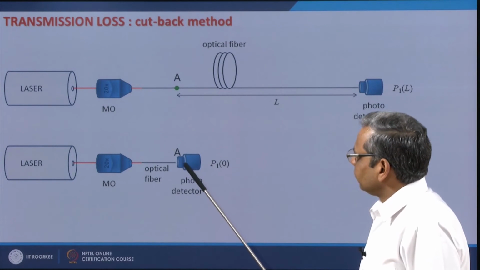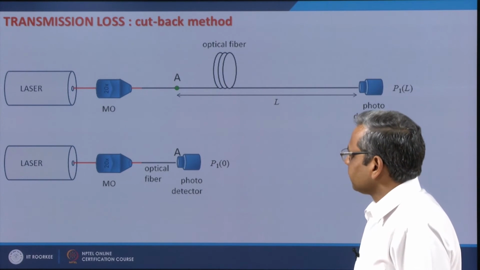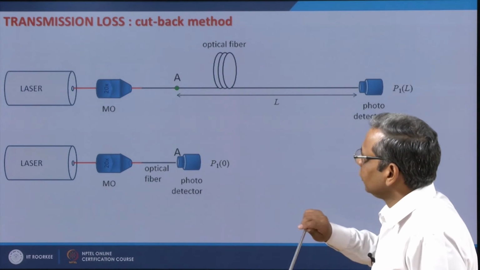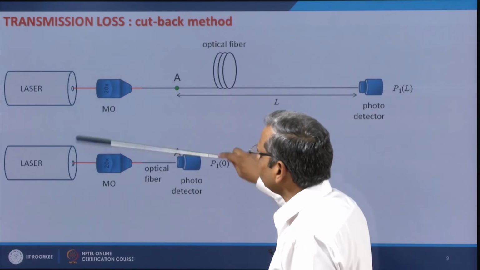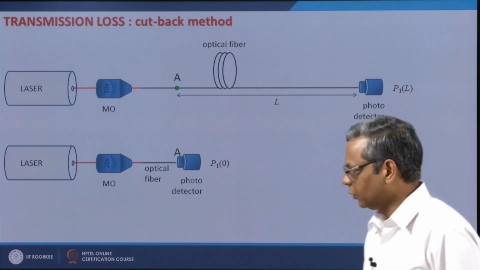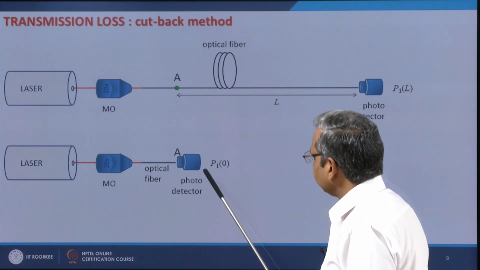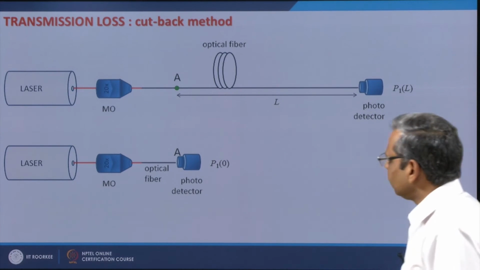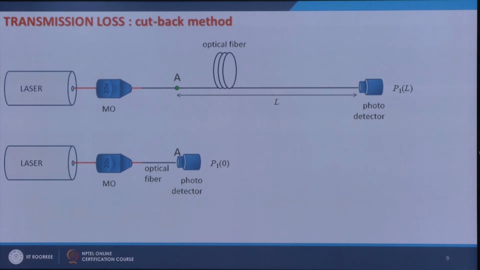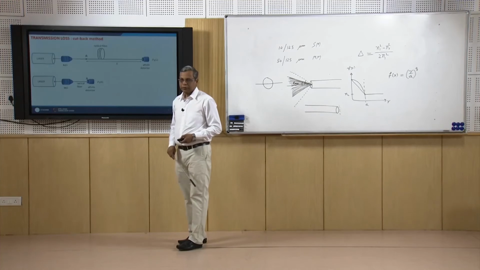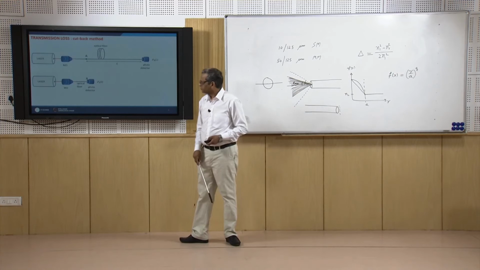Now you measure the power here, and while you do this you ensure that the input launch conditions are not disturbed at all. Now when you measure power here, let us label it as P10. Then by taking the ratio of this P1L and P10, I can find out what is the loss.